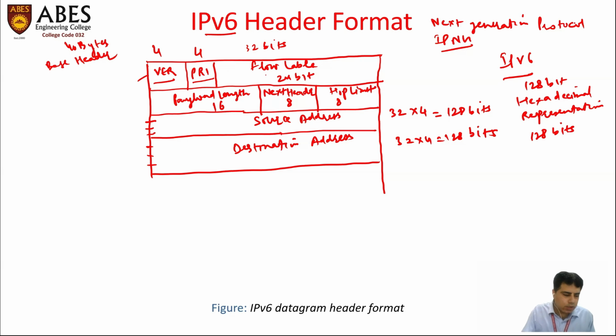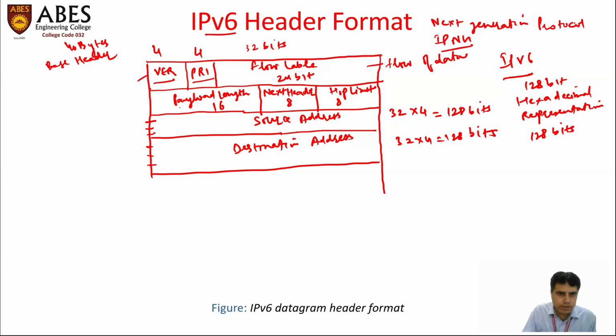Next field is flow label. Flow label is a 24-bit field, designed for providing special handling for a flow of data. This mechanism can be used to support traffic such as real-time audio and video transmission.